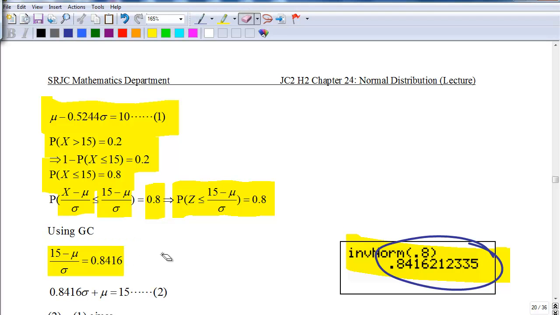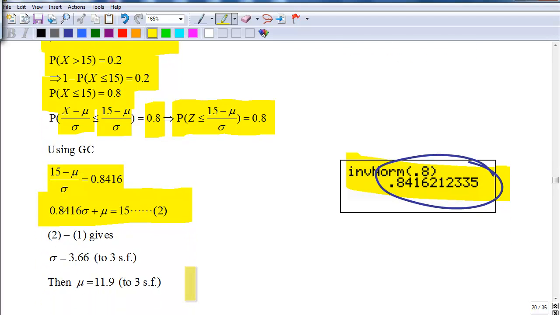That means my A will be 15 minus mu over sigma equals 0.8416, and from there I end up getting my second equation. So with two equations and two unknowns, I can easily work out what mu and sigma are. Done.